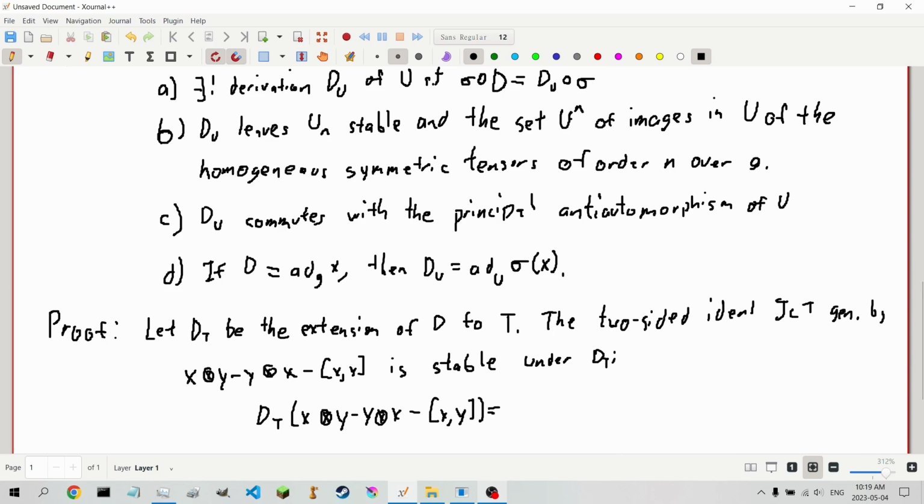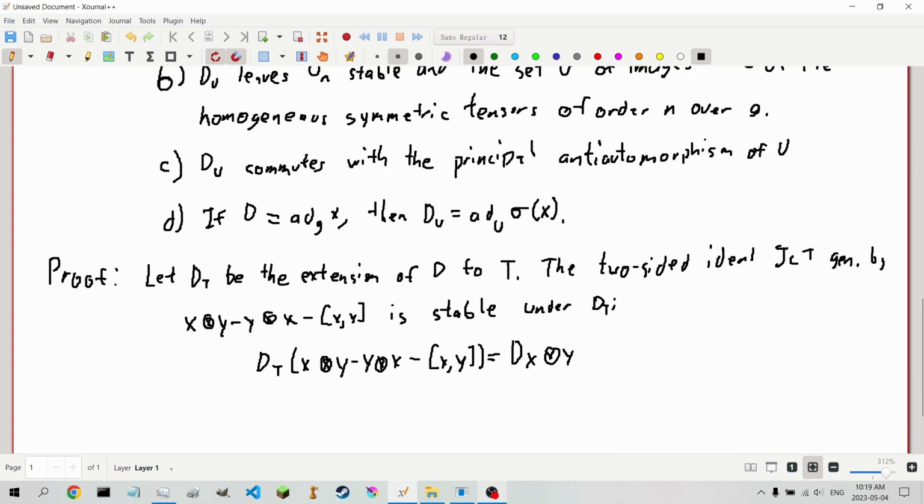Well, we know that by linearity this is going to act on each component individually. And we also know that it's going to split over both the tensors and the Lie bracket based on what we saw in the previous proposition, which means this is the derivation of X tensor Y, written on two lines.